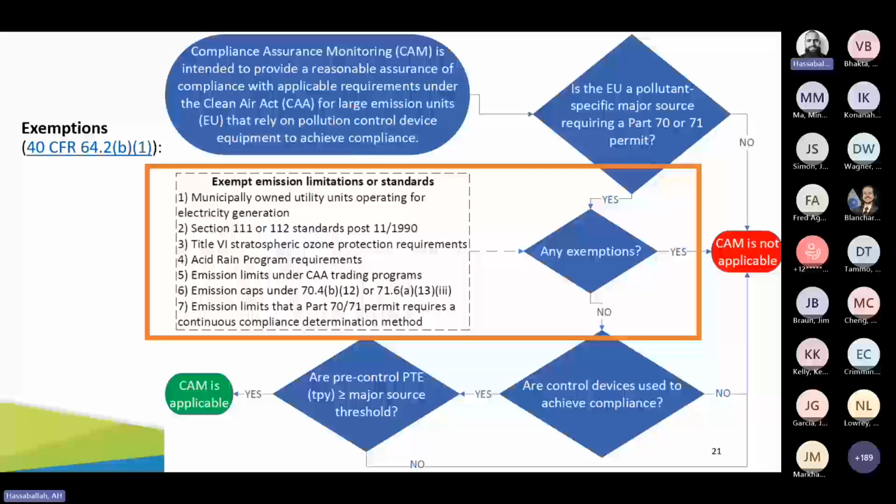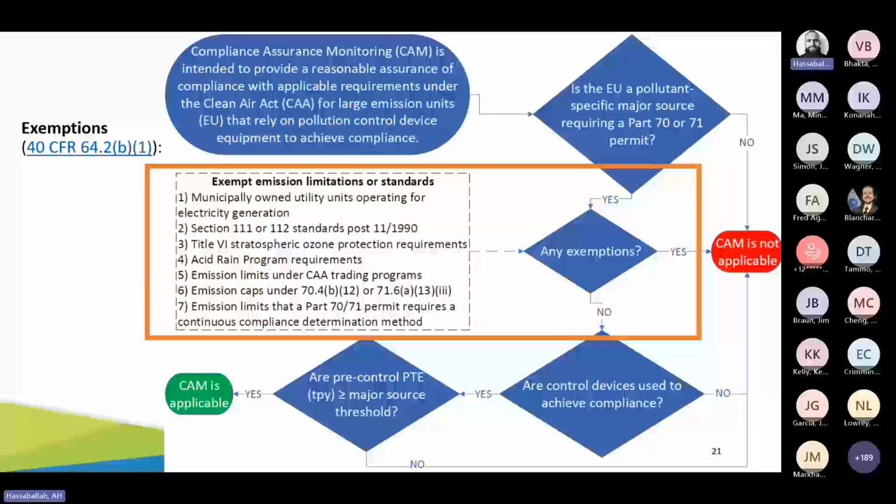Section 111 and 112 standards post November 1990 are exempt. Regarding those specific sections, there is a caveat regarding the rules that were amended post November 1990. In the tables for the NSPS and NESHAP section, they do include standards proposed after November 1990.